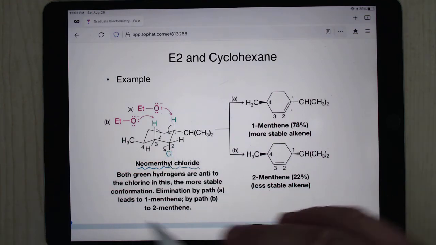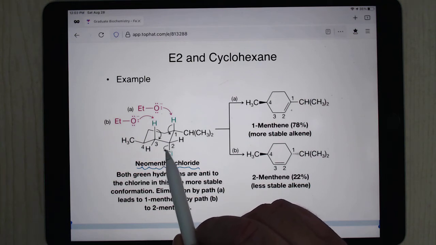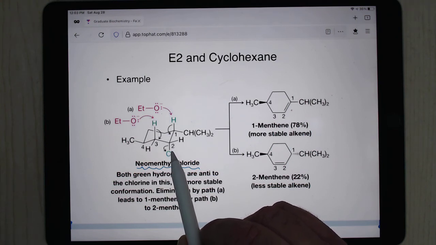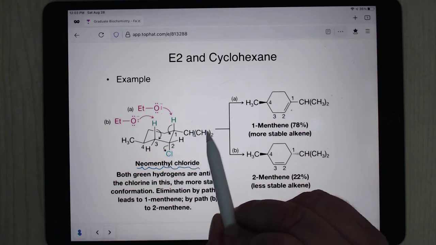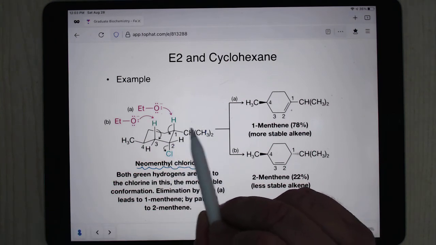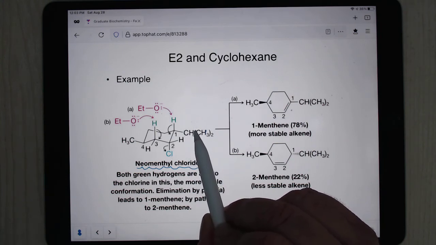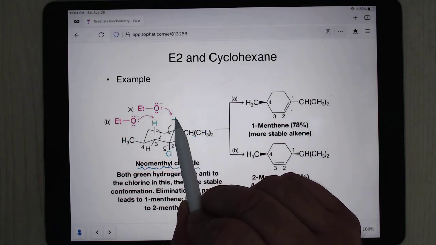So if we do the chair flip so that this leaving group is down, axial down. Okay, remember this isopropyl group is also down. So this is down, this is down. So when this is axial, this would be equatorial, which means its hydrogen is going to be axial.